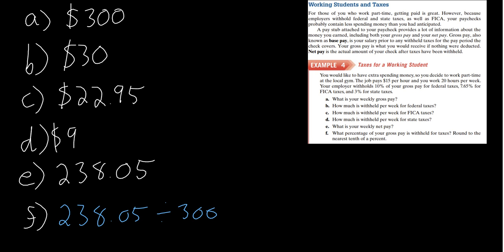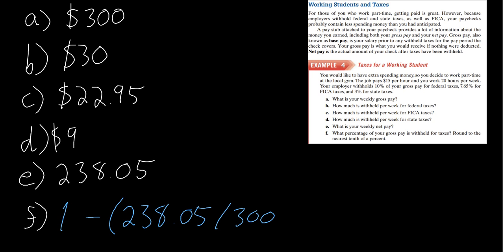Actually, there's a couple ways to go about this. I would typically do 1 minus that because it's 100% minus the percentage I pay for taxes. So let's just rewrite that. 1 minus however much I pay in taxes. So again, that was 238.05 divided by 300, and that is equal to 0.7935.